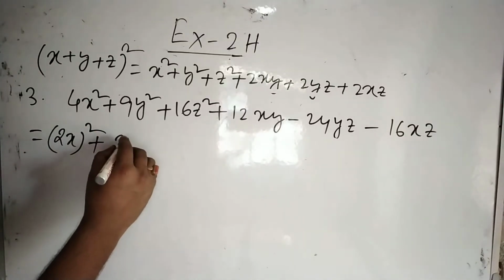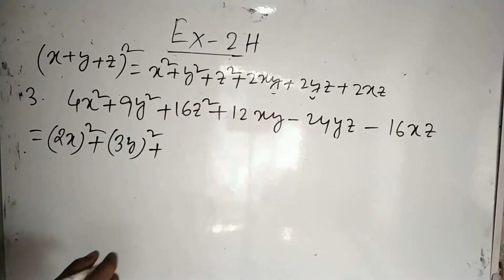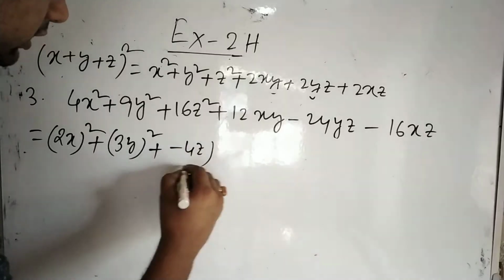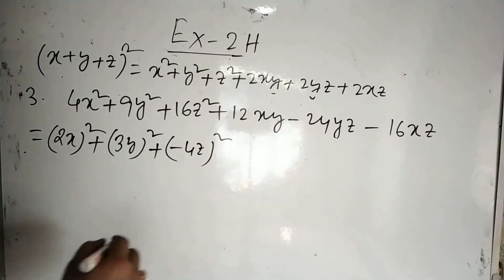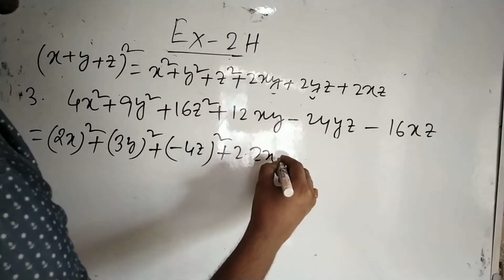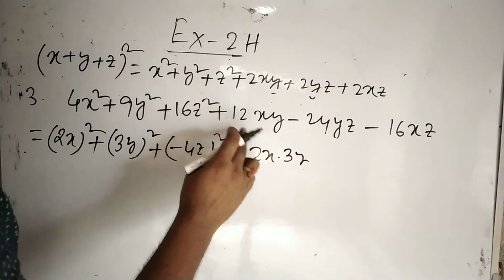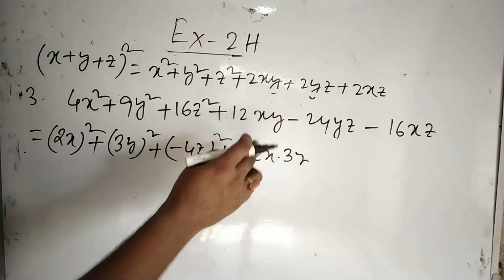9y square equal to 3y whole square, and 16z square equal to minus 4z whole square, plus 2 into first two terms, that is 2x into 3y, check 2 into 3 is 6, 6 into 2 is 12, xy, it is matching with this one.